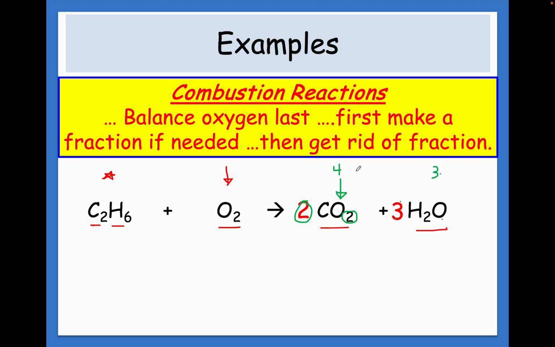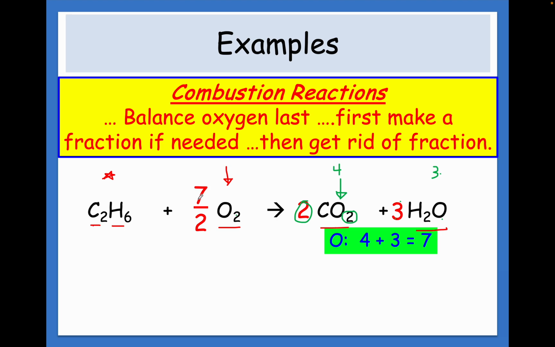All right. So over on the right, we have 7 oxygens total. So we need 7 oxygens over here. The easiest way to do this is to make that 7 halves. All right. Because the 7 halves times the 2 is going to just make that 7.